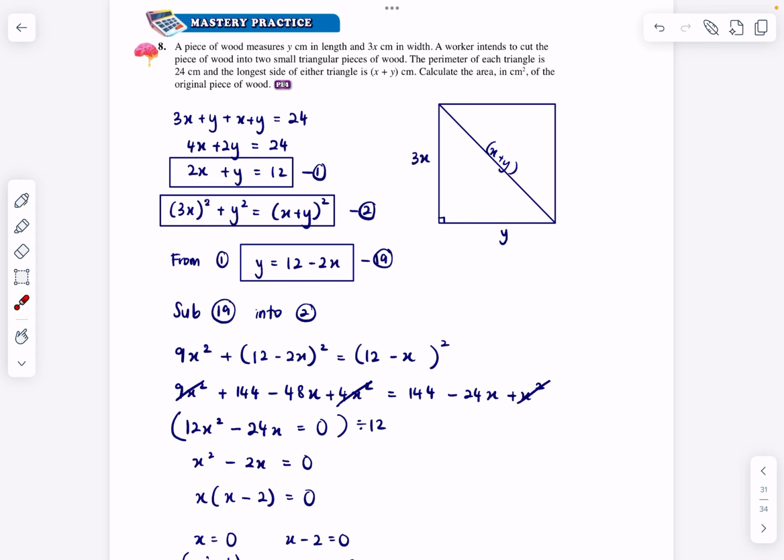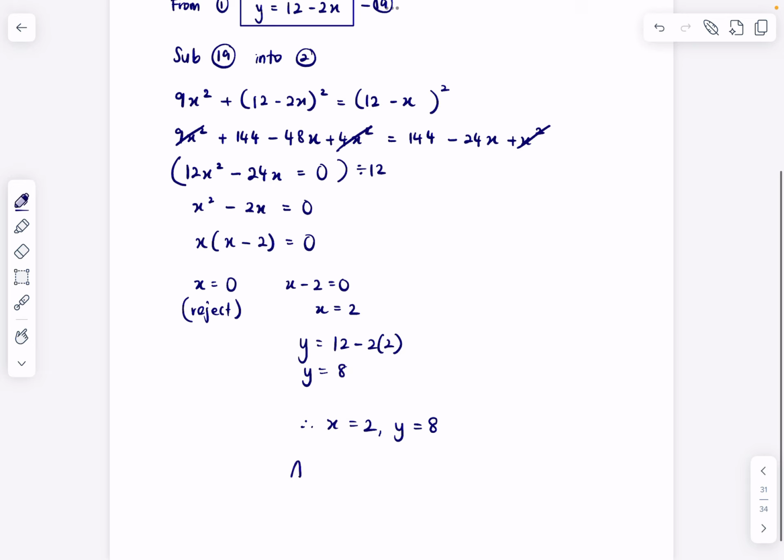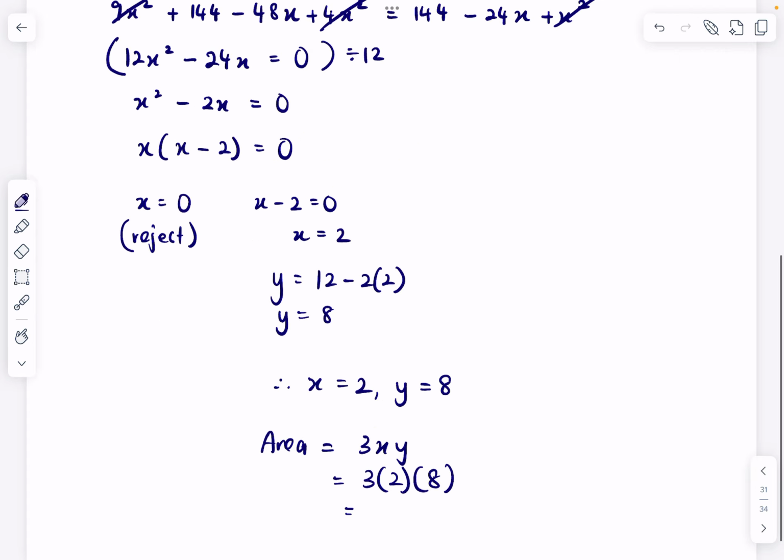But that's not what they want. They want us to find the area of the original piece of wood. So the area of this rectangle is 3x times y. So 3 times 2 is 6, 6 times 8 will be 48.